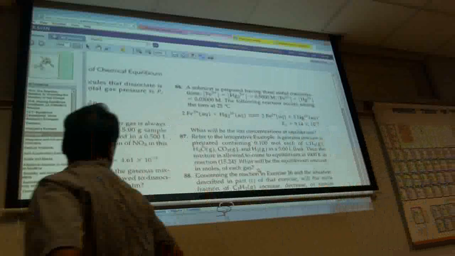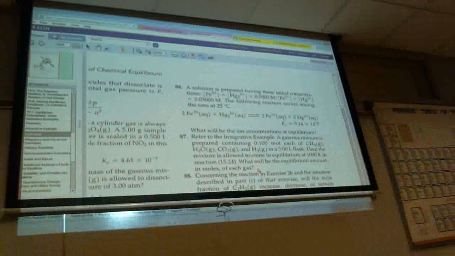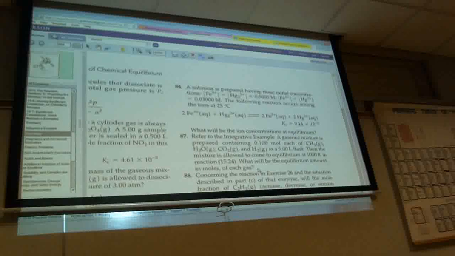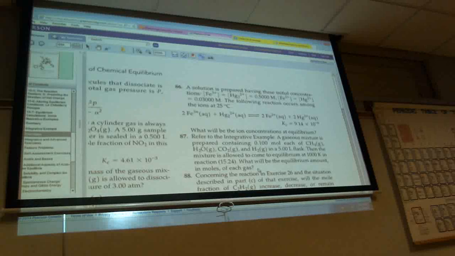Anyway, I have this 2 iron 3s plus a mercury 1 goes to 2 iron 2s and 2 mercury 2s. Kc is 9.14 times 10 to the minus 6.